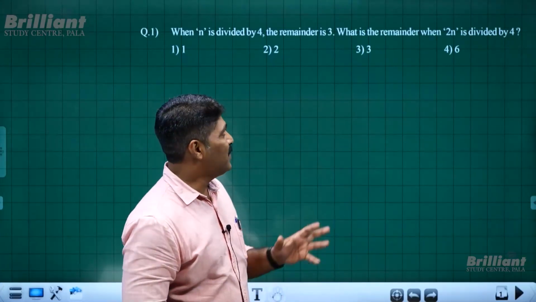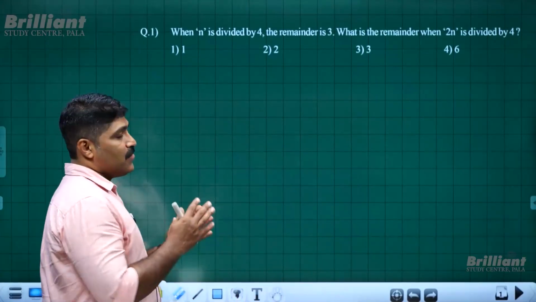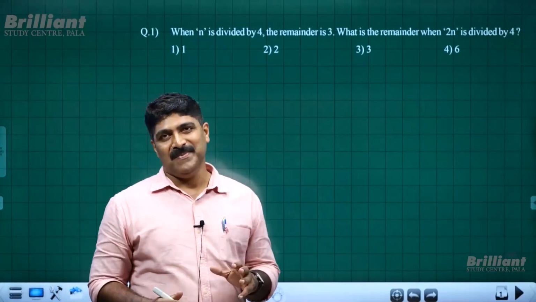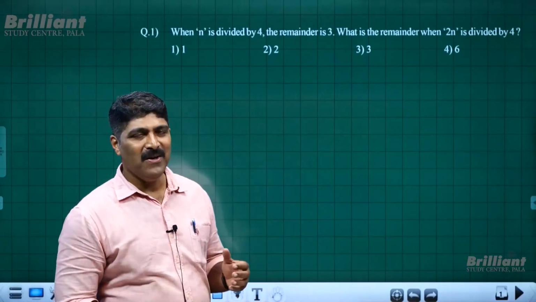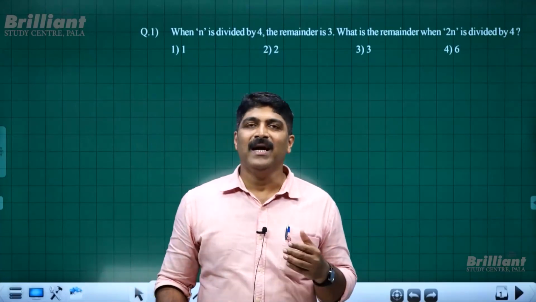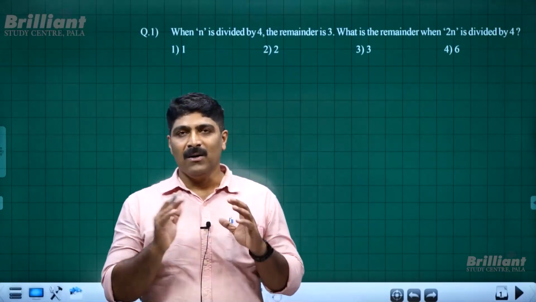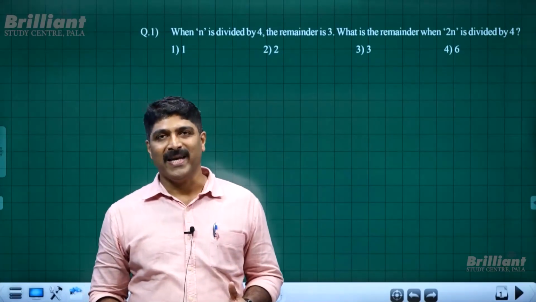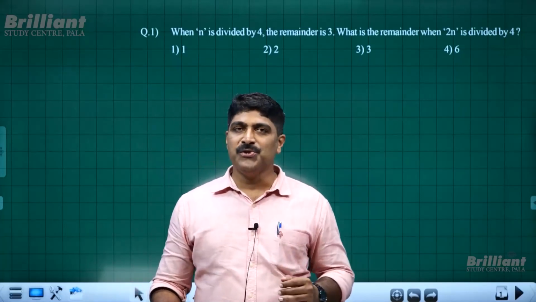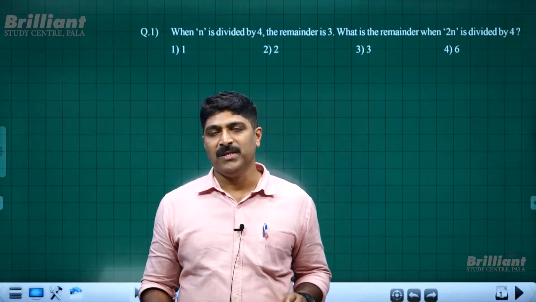Here our first question is from the topic numbers. It's the most easiest one, but we know that numbers is a tricky topic. There are lots of concept-wise questions we can expect. If you get such a question, two different approaches are possible.